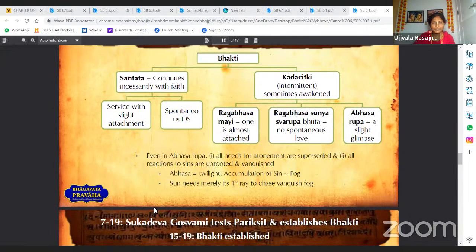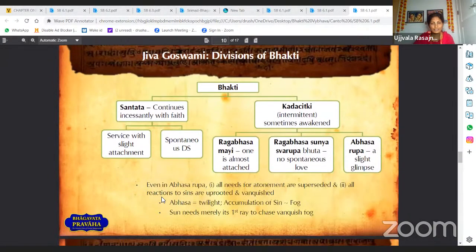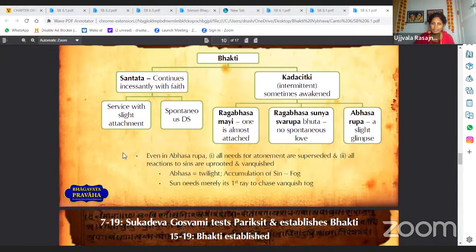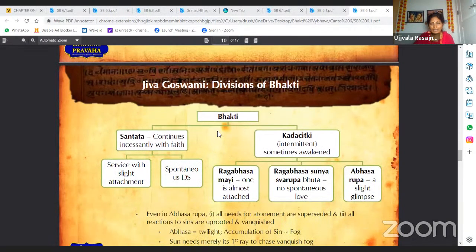And this is some information from Jiva Goswami's, I think this is Bhakti Sandarbha. There is a little more detail about bhakti. But the reason this slide was put in is Kechit, even a little bit. Bhakti is done continuously when it is Shuddha, non-stop spontaneous bhakti.